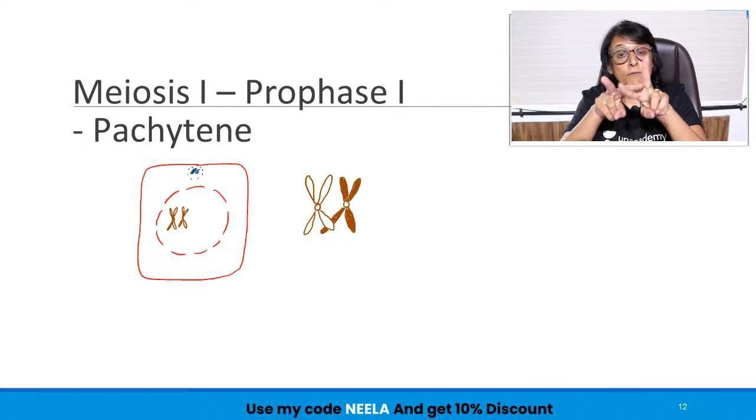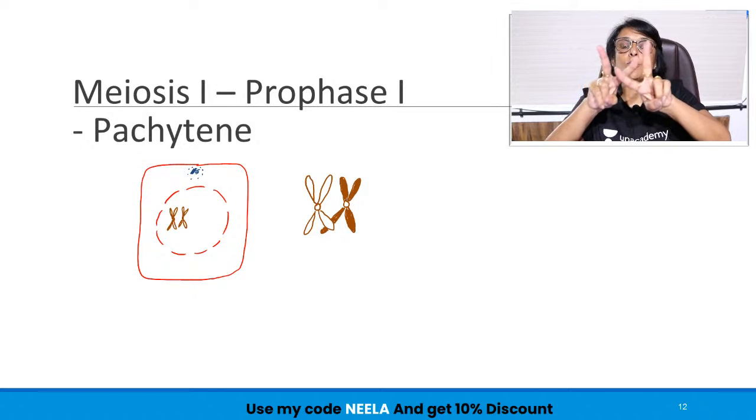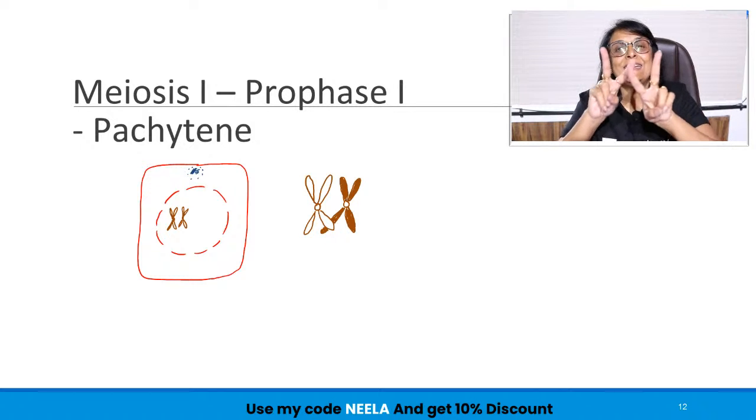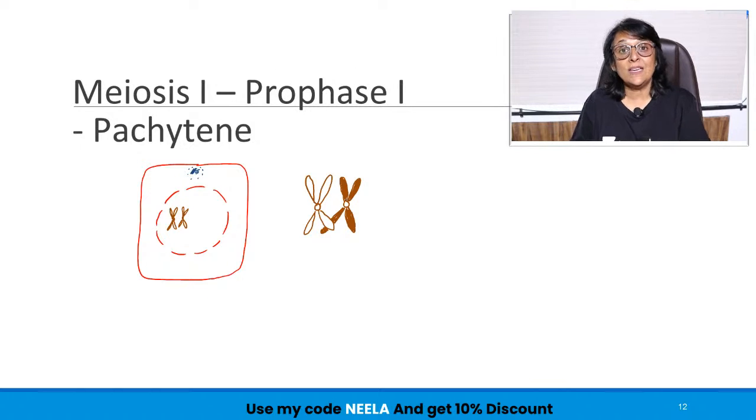But before they fuse, they should actually come closer and make that X-shaped structure appear to us. So this X-shaped structure later on, when it is completely formed, will be called chiasma or chiasmata.